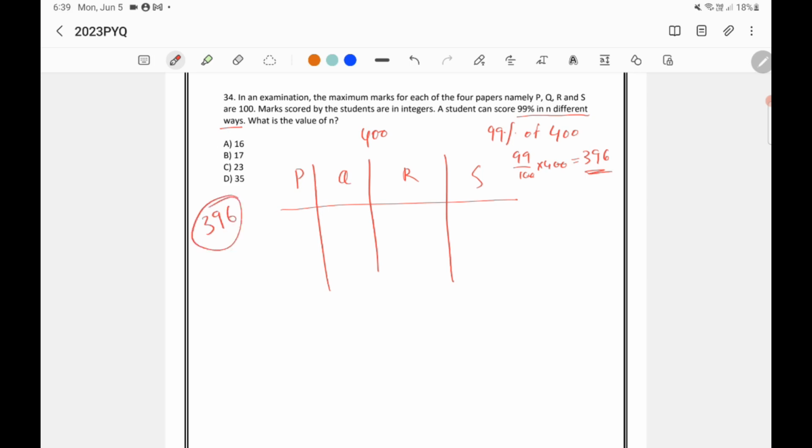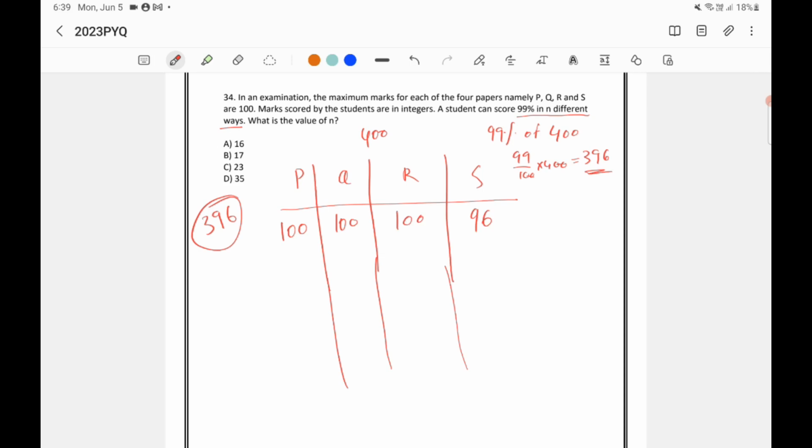So we need to see how many ways the student can score 396 marks, right? So here try different possibilities. Let's say this is P. In P he scored 100. In Q also he scored 100. And R also he scored 100. And in S he scored 96. So 100, 100, 100, 96 is a possibility.